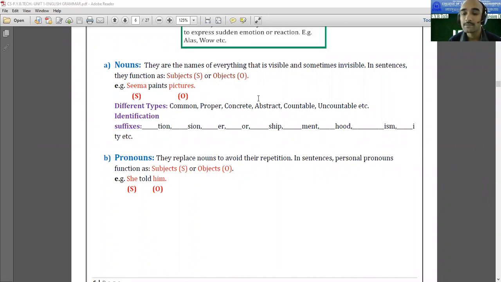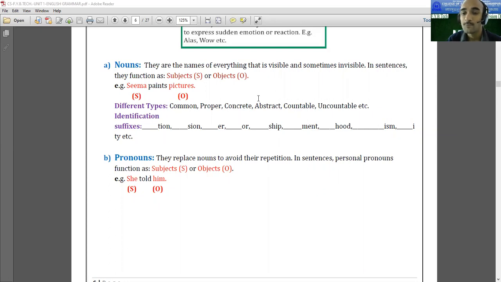Then tell me about ship. Friendship, partnership, leadership, scholarship. Tell me about ment. Fulfillment, employment, movement, government.